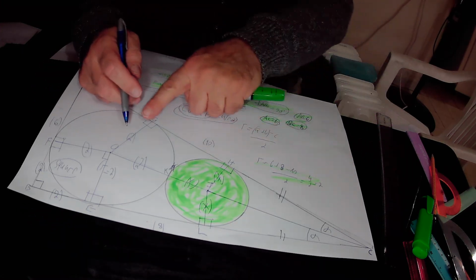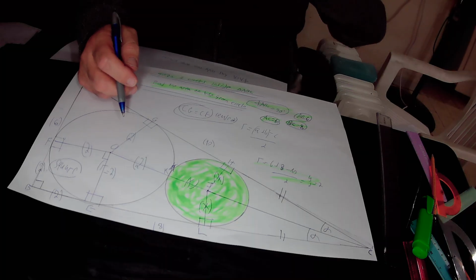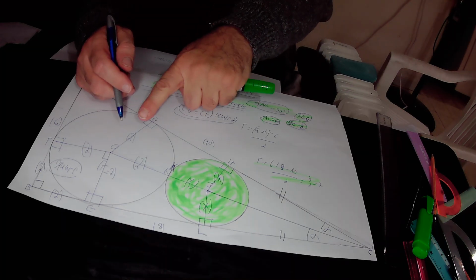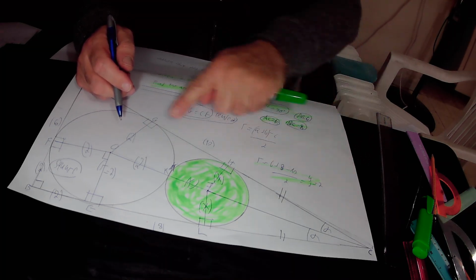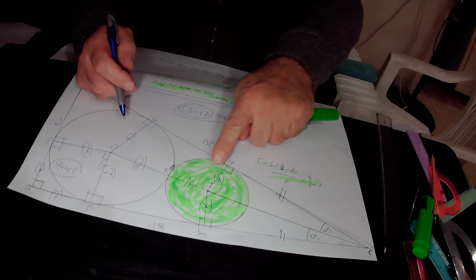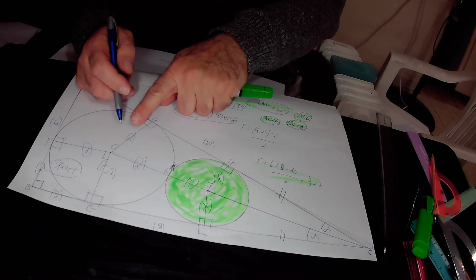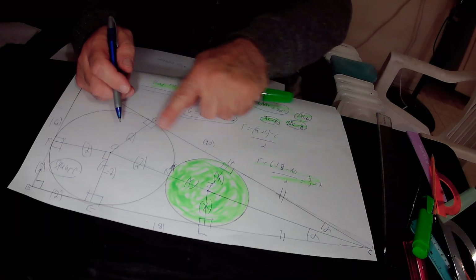Because OJC is one straight line, it means that OC passes through point J.